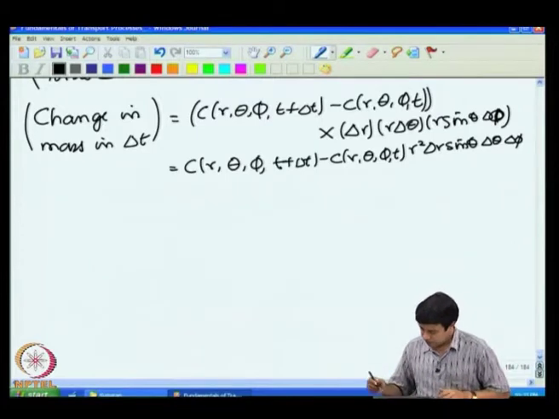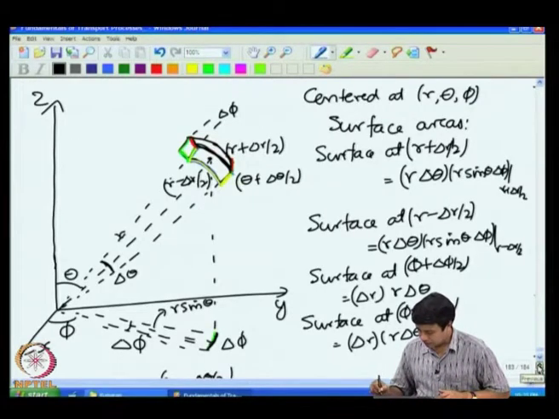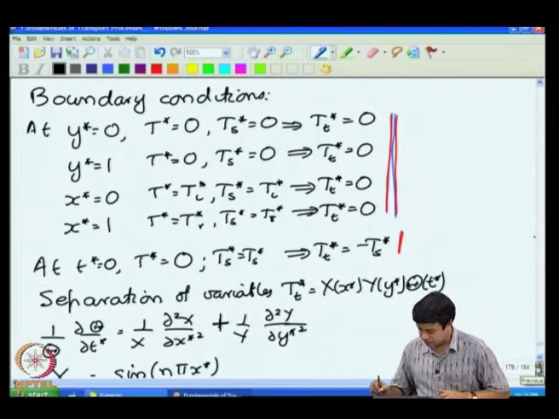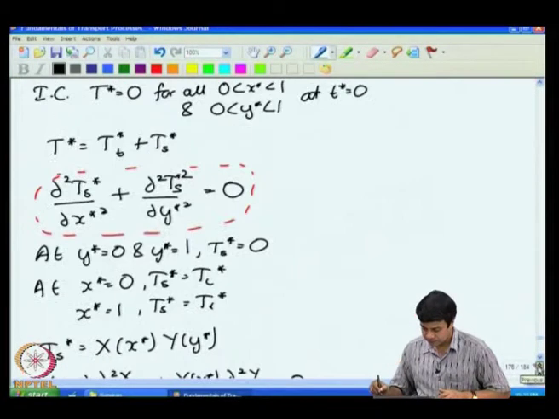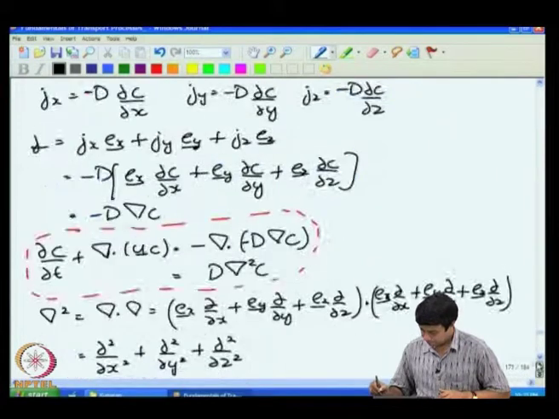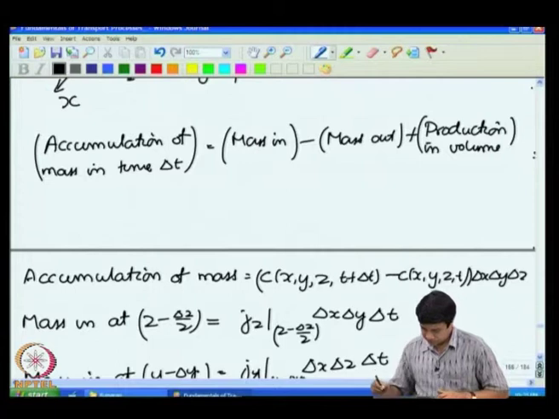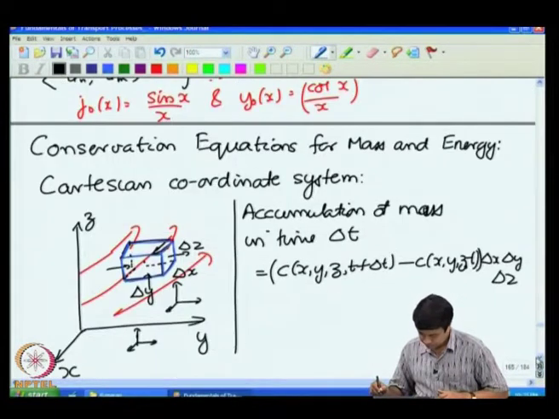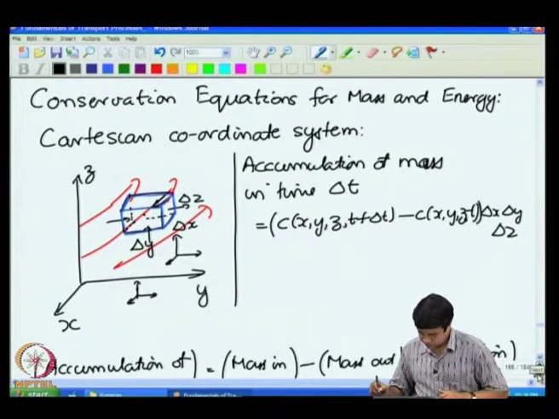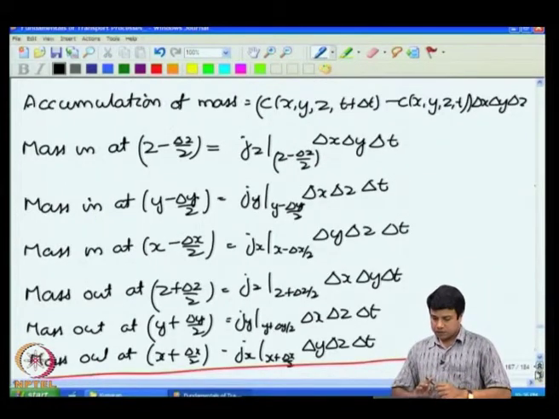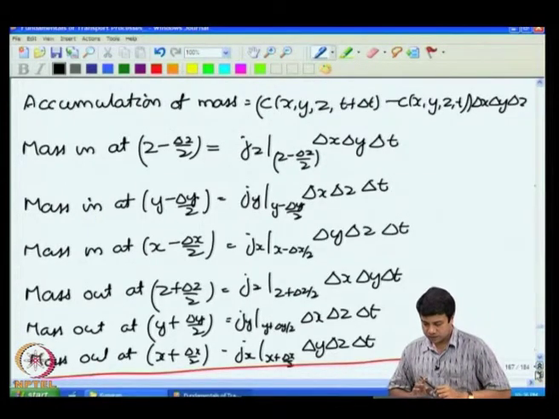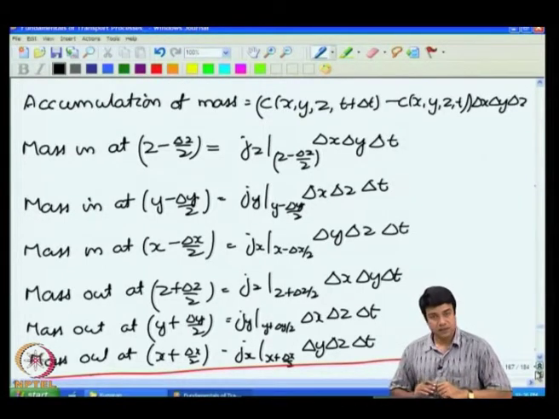When we obtained the balance equations for the Cartesian coordinate system, if you recall, the flux due to diffusion had the form Jz at z minus delta z by 2 times delta x delta y delta t, and similarly Jy, Jx, and similarly at z plus delta z by 2.